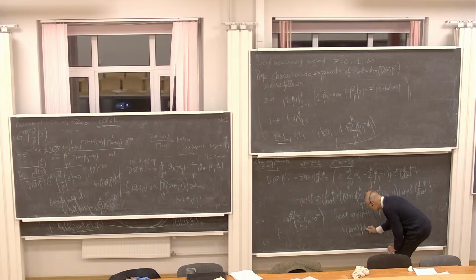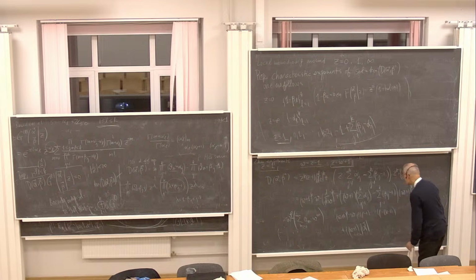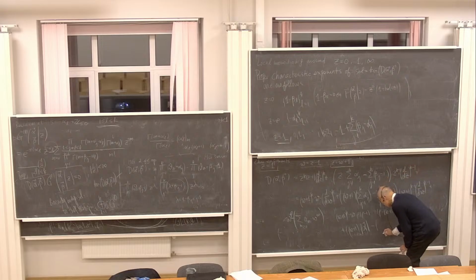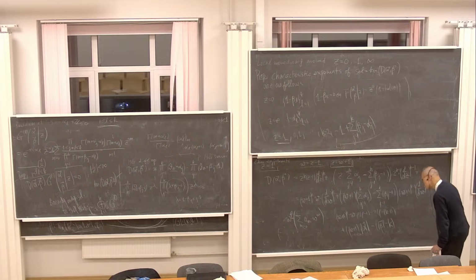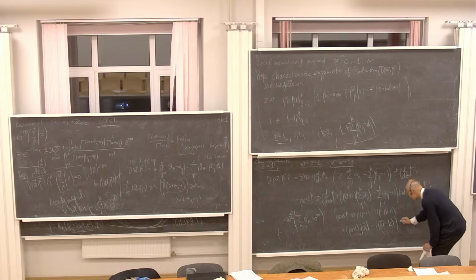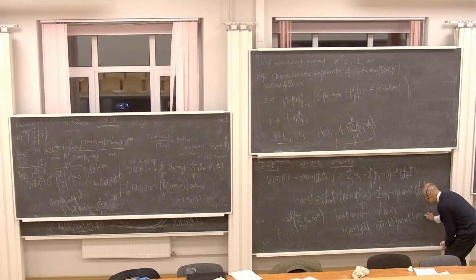Let me simply write like this, with beta and beta minus k, and (w plus 1) to the power k minus 1 times rho minus 1, etc., rho minus k minus 2.